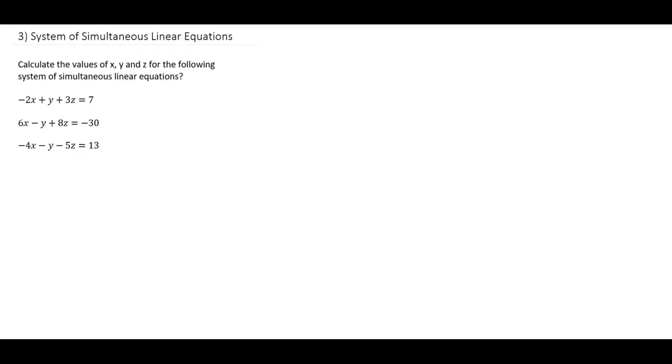For problem 3, we have to calculate the values for x, y, and z for the following system of simultaneous linear equations. So we have 3 equations, and I want to turn this into an augmented matrix. And we can do that by taking the coefficients from the equations and turning that into a matrix.